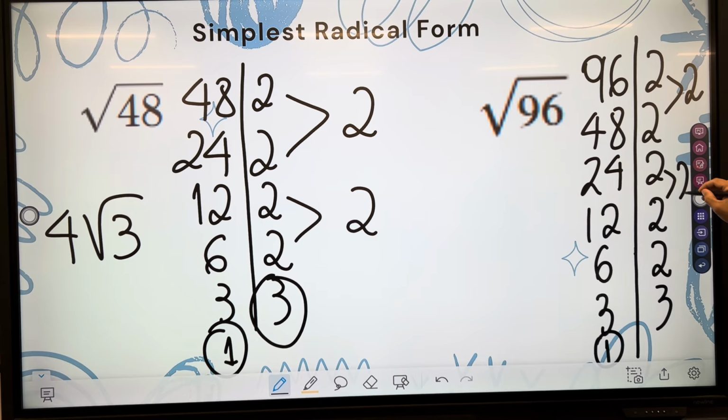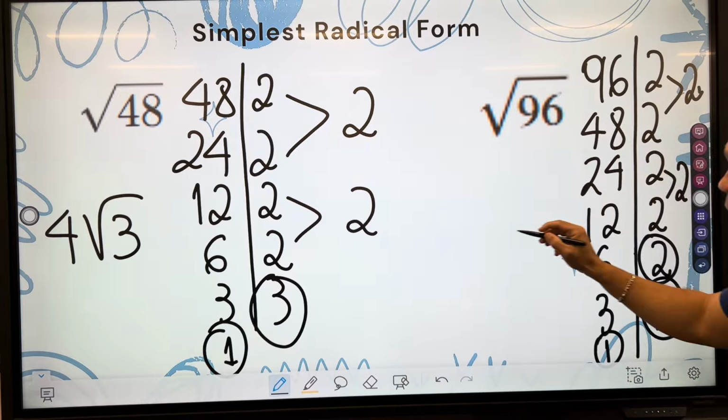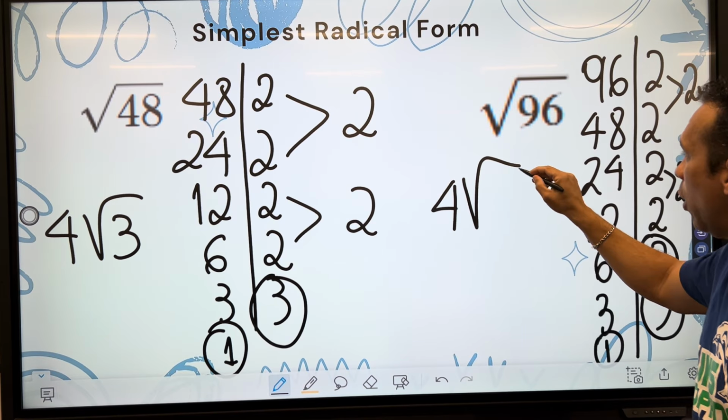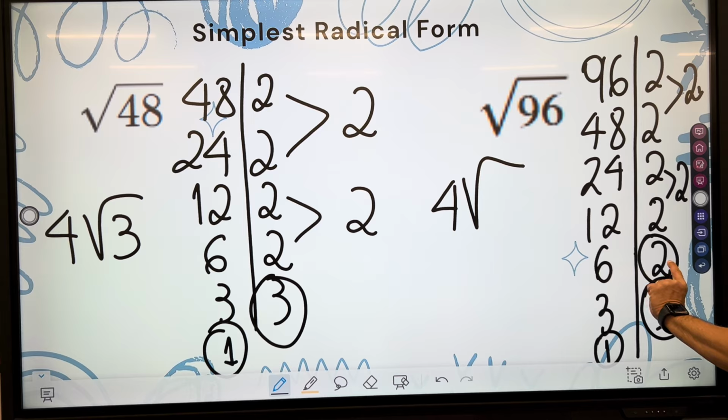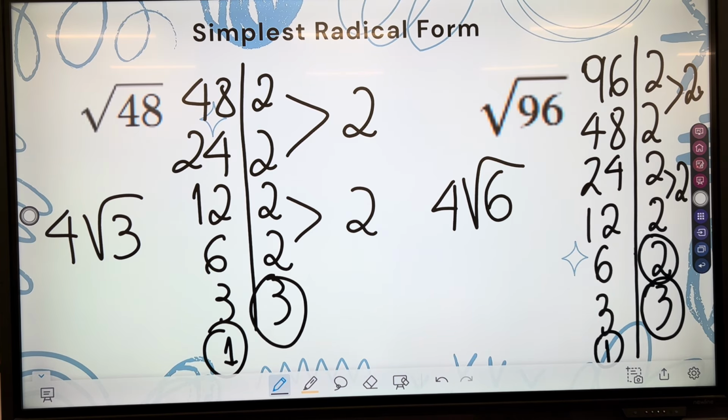These 2 guys, that means another 2 out. This guy has no pair, this guy has no pair, so they will be inside. The answer is kind of the same. We multiply, remember, 2 times 2, 4. But also now, since we have the 2 numbers here, we multiply them as well. So that would be the answer.